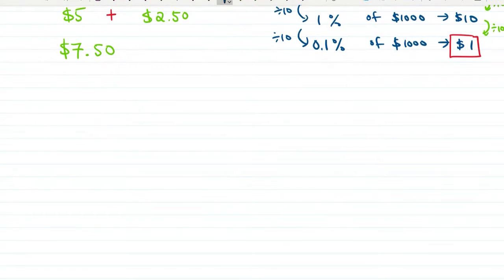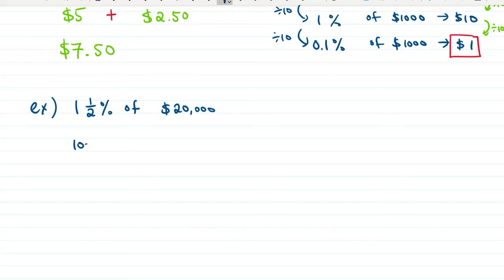Let's try another one. So what if you have a fractional percent, 1.5% of $20,000. So similar to the previous example, we're going to start from 100% and go all the way to 1 and a half percent.